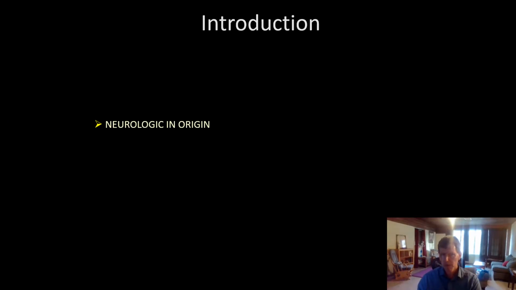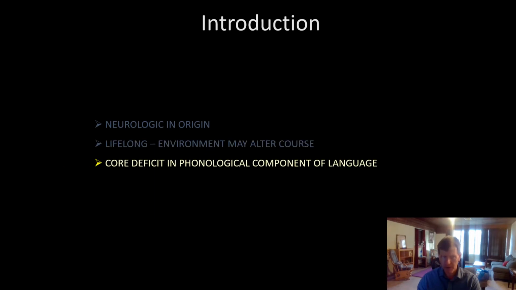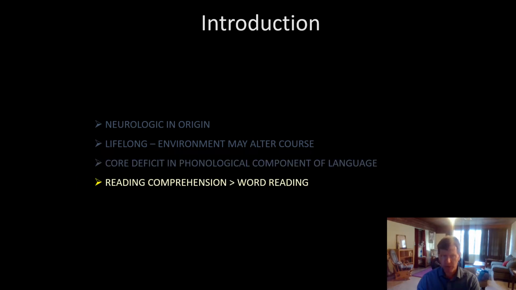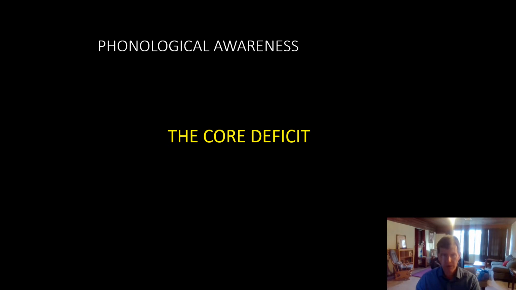So remember that dyslexia is neurological in origin. It is lifelong. The core deficit is associated with the phonological component of language, and typically students will struggle with word reading even if they're capable of reading comprehension. The core deficit is associated with phonological awareness.